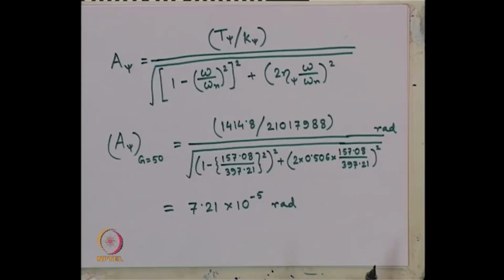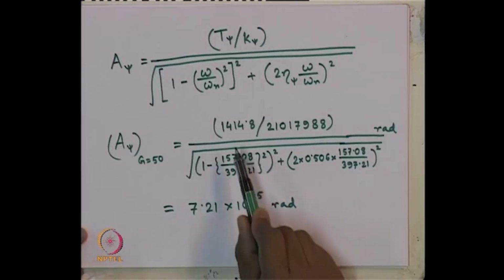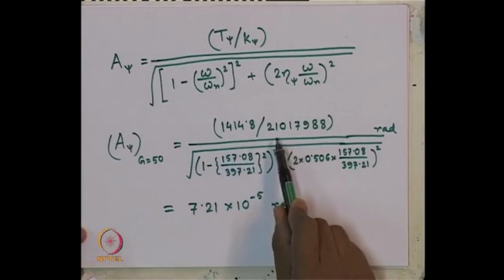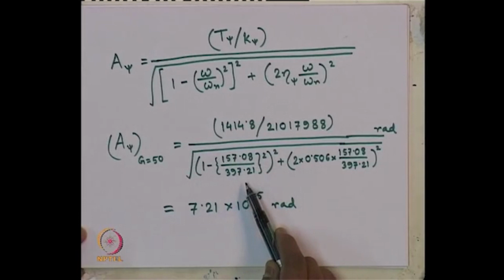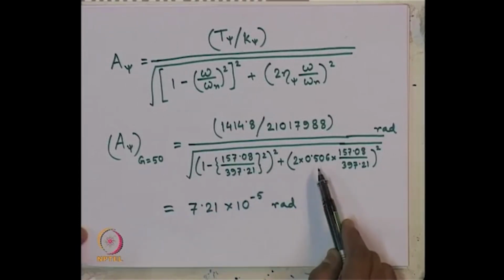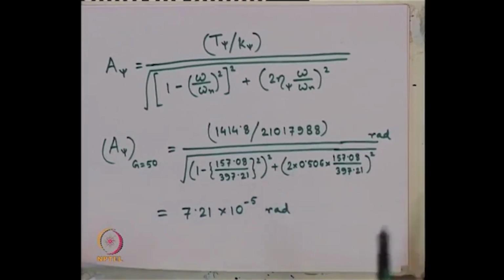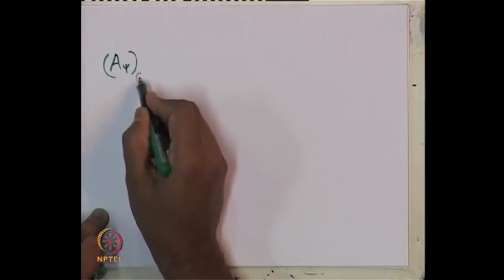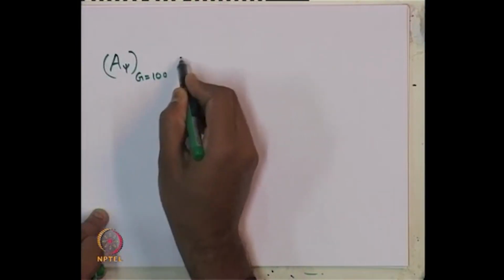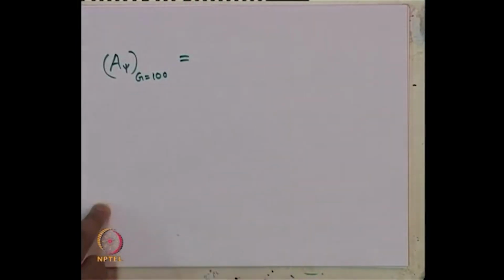Similarly, let us compute A psi for other two types of soil. Value of T psi remains same, K psi changes, omega also remains same, omega n changes, and eta psi also remains same in this case. So, let us calculate the other two cases also. A psi for G equals 100 kg per centimeter square, how much value are we getting?